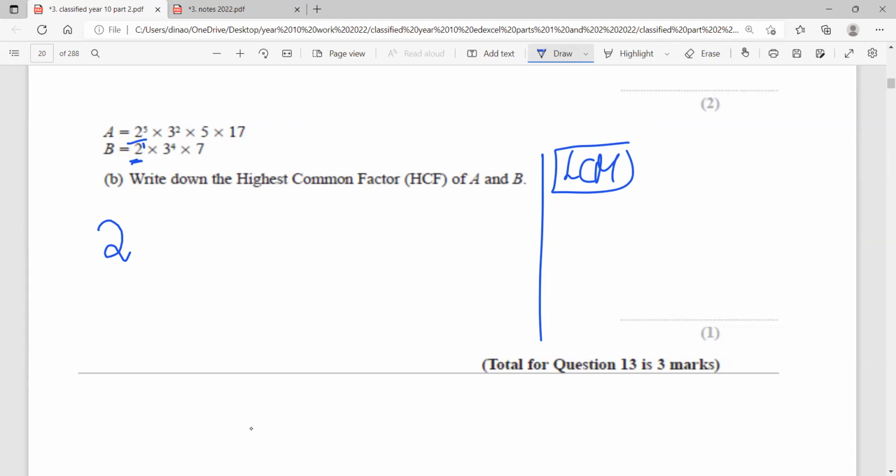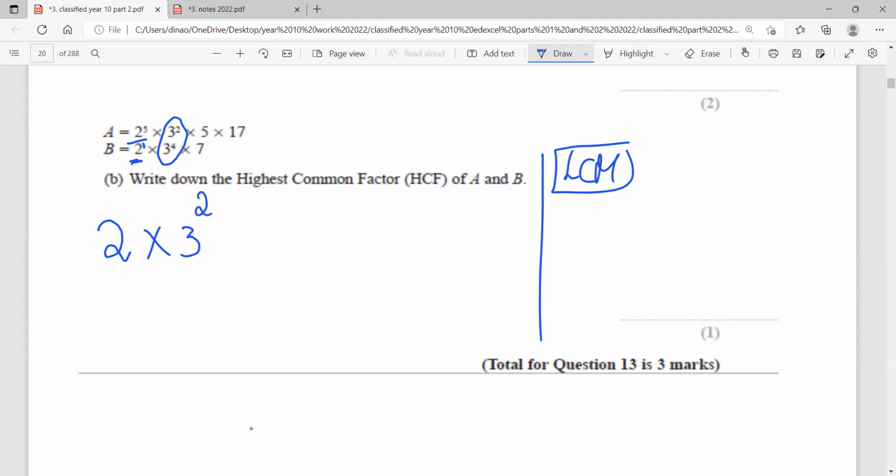Then I move on to the other common factor, which is 3. Here, as you can see, on top I have 3 power 2 and at the bottom I have 3 power 4. The HCF is the factor with the smaller power, which is 3 squared.